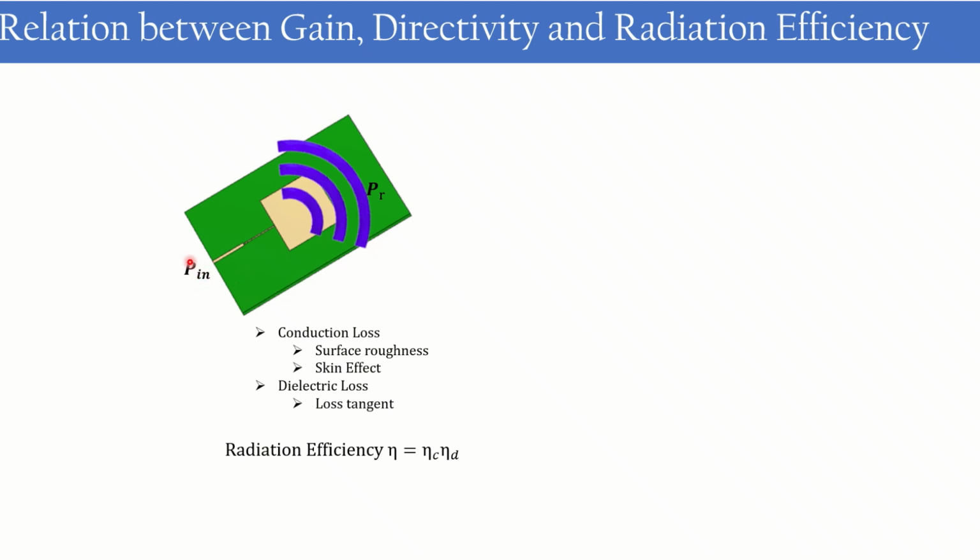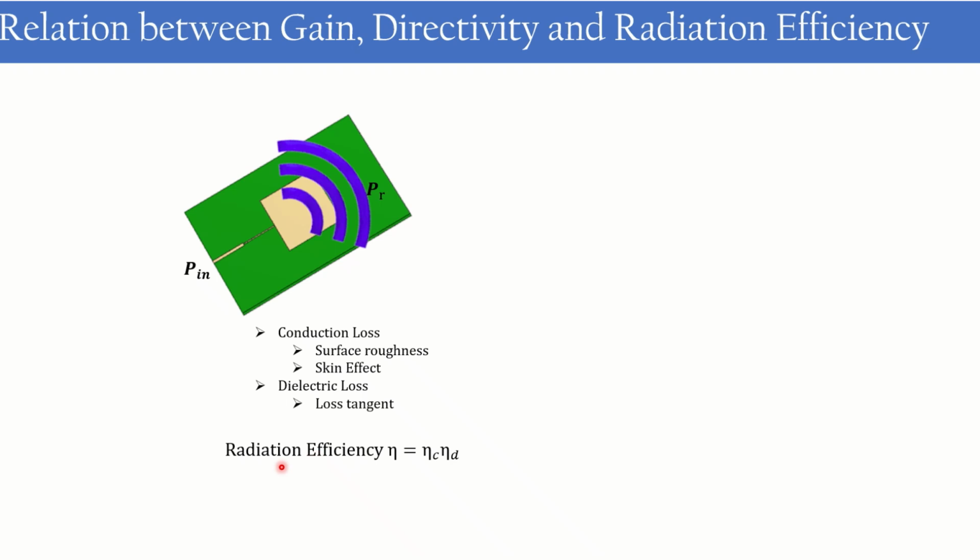If we feed input power to that antenna, because of the conduction losses on these patches and the dielectric losses on these dielectric, some part of the power will be getting lost and only some part of the power will be getting radiated. So the part of the power getting radiated depends upon the conduction losses and the dielectric losses.